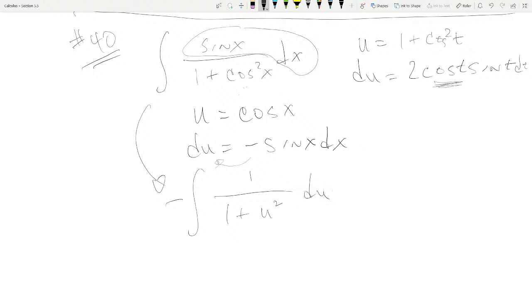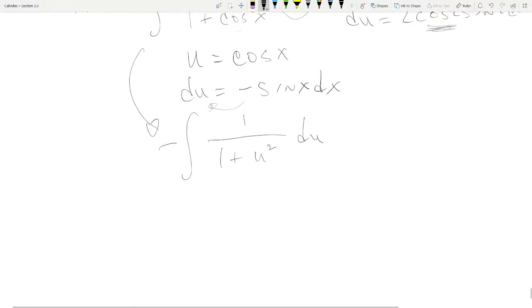Now, what is supposed to happen if you're a calculus student studying this book all the time and you know every little nuance to the book, you're supposed to recognize this as the derivative of inverse tangent.